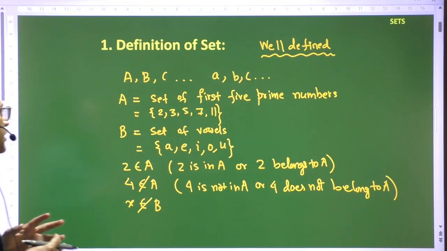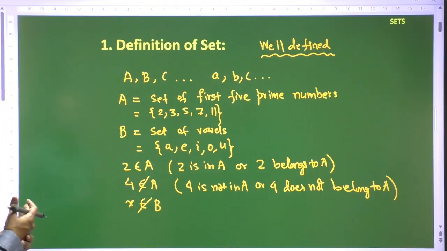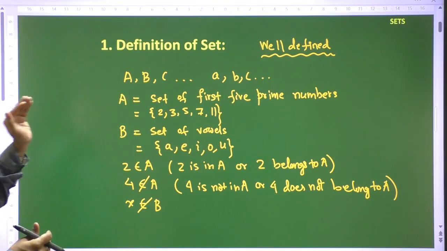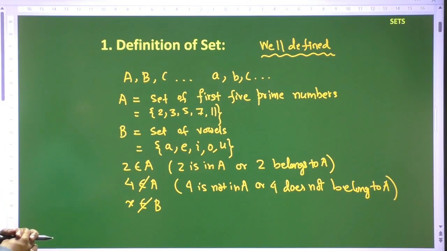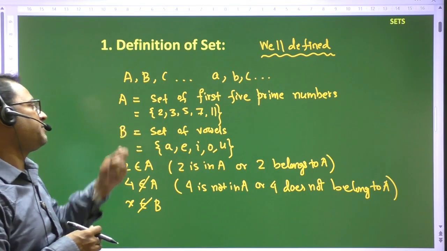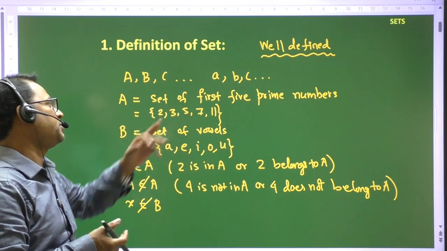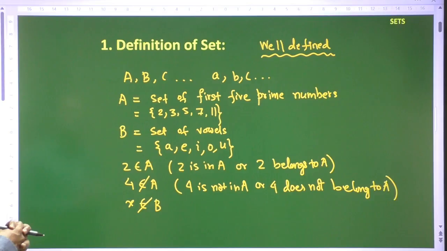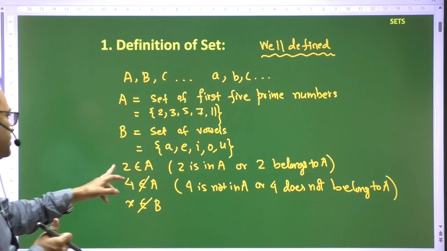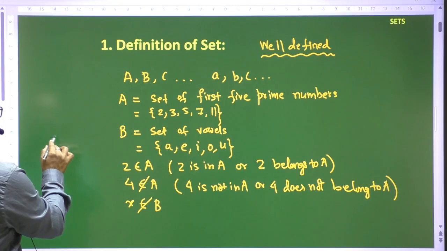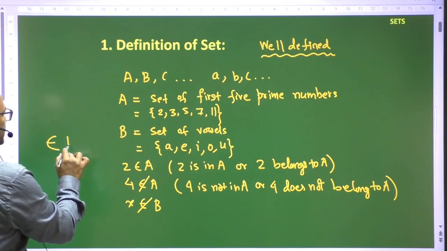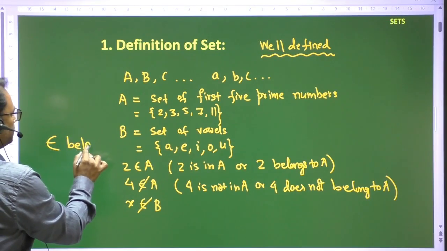So from here you can understand what a set is. A set is a collection of well-defined distinct objects. Generally a set is denoted by capital letters, and a member or element of a set is denoted by small letters a, b, c. Now we use this symbol, which is called the belongs to sign.